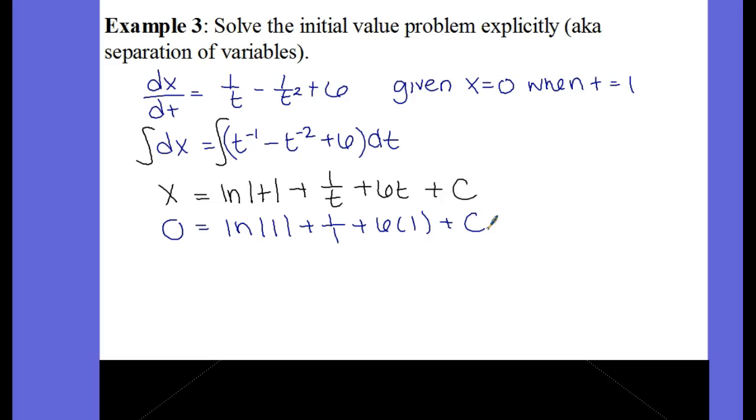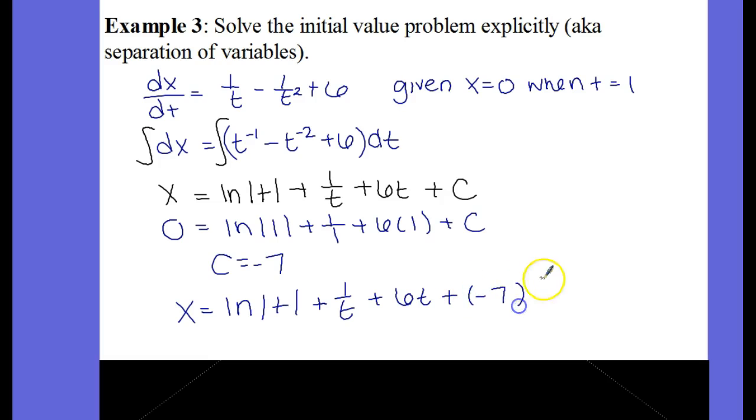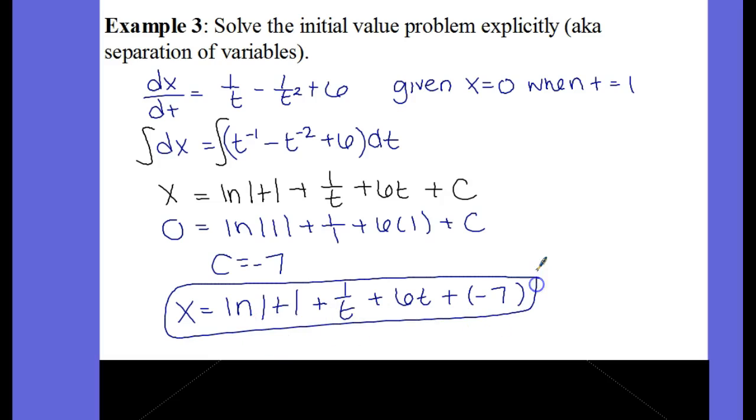So c must equal negative 7. Yep. So you get x equals ln absolute value t plus 1 over t plus 6t minus 7. That is initial conditions and separation of variables.